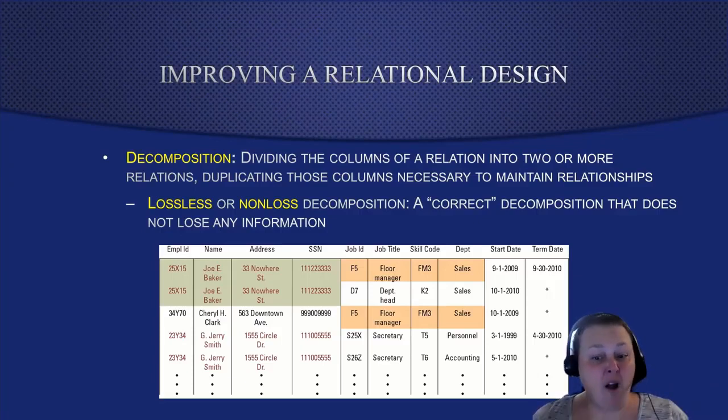We don't want to duplicate Joe Baker here at all. And then in the pink, you can see he's duplicated because he's had 2 different jobs. So looking at this, there's got to be a way to organize this structure so that Joe is not duplicated. And over here, we've got a job ID that is not duplicated.